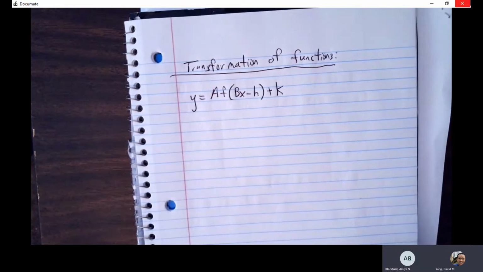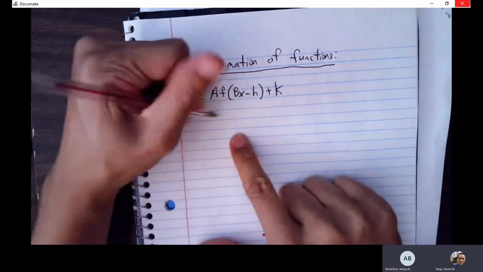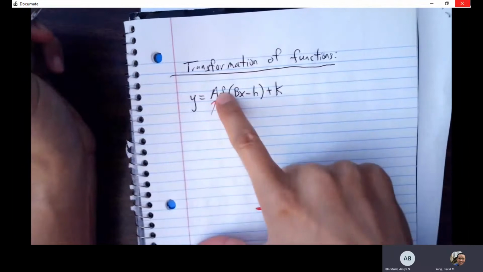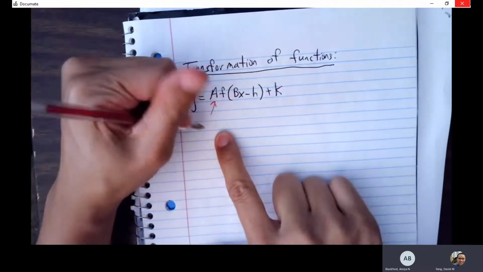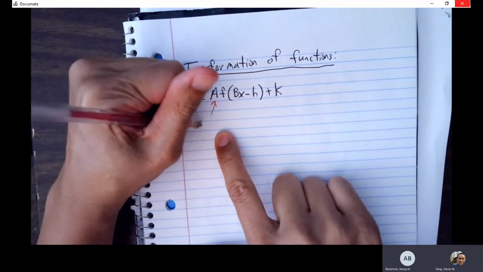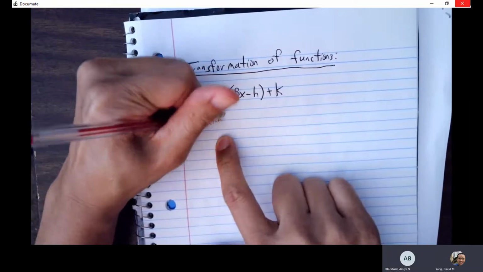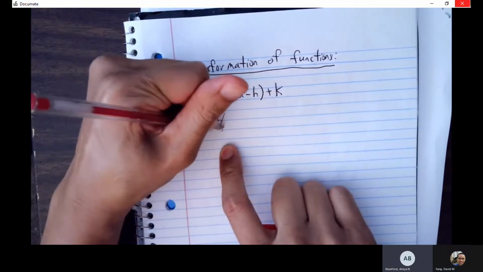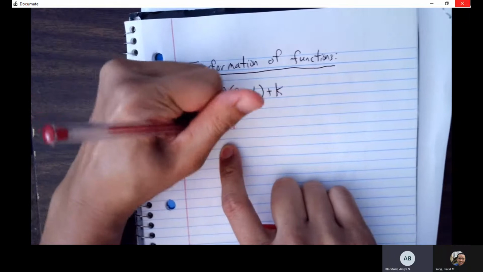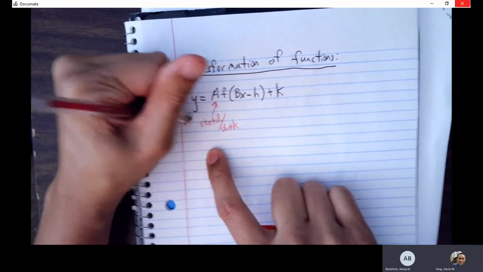The A is going to take the function and it's going to be a vertical stretch or shrink.